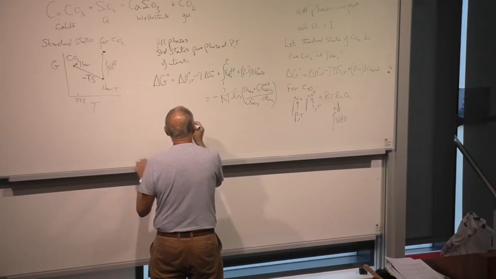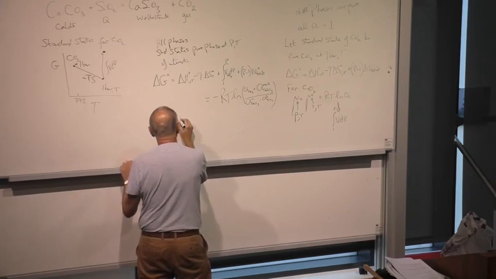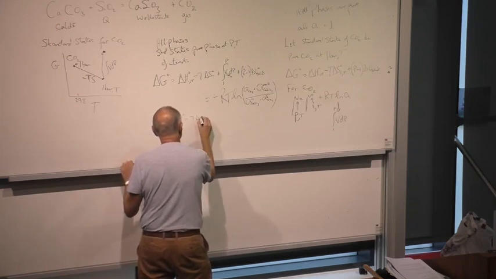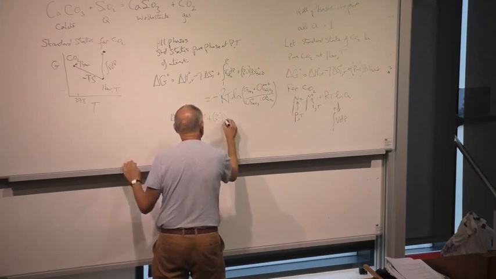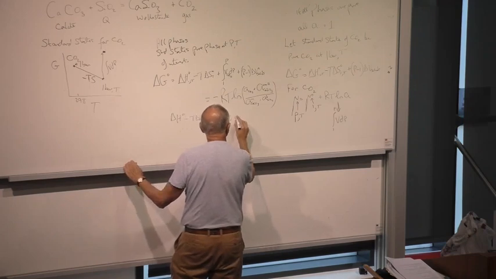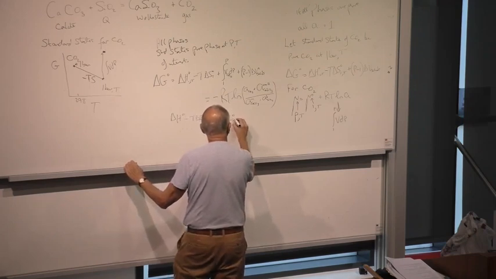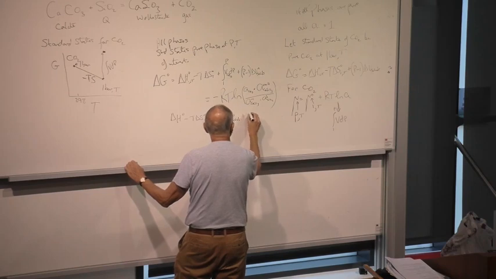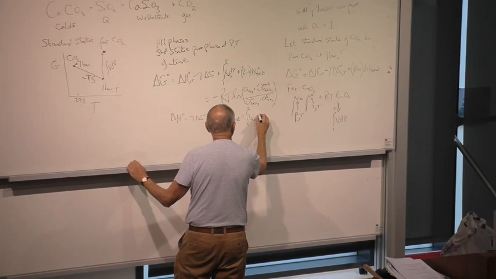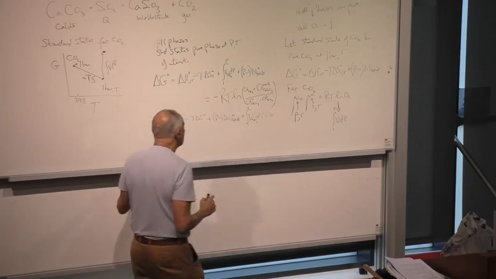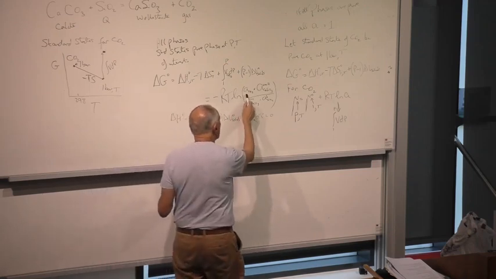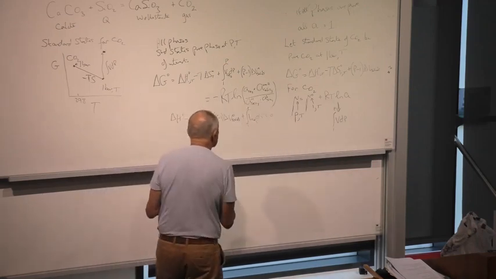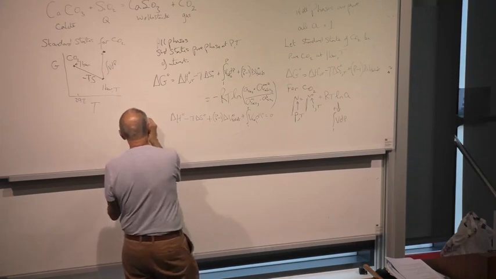So in this case, delta H0 minus T delta S0 plus P minus 1 delta V0 solids plus the integral from 1 to P of V CO2 dP equals 0. Now RT ln A CO2 is the integral of V dP. So this is case 1.